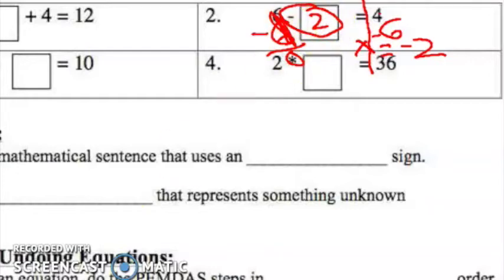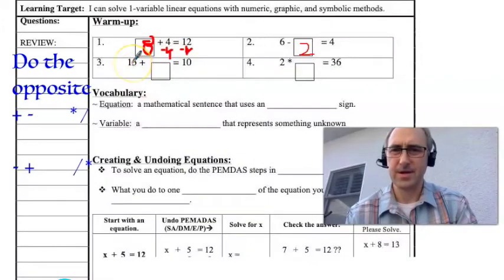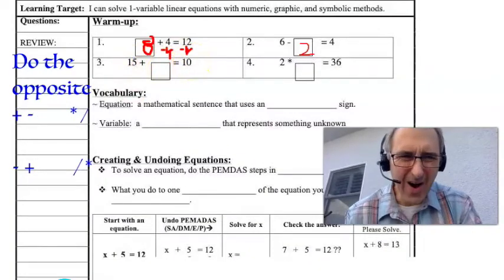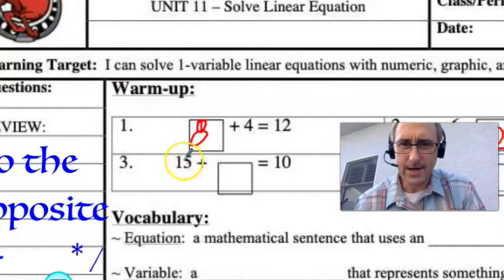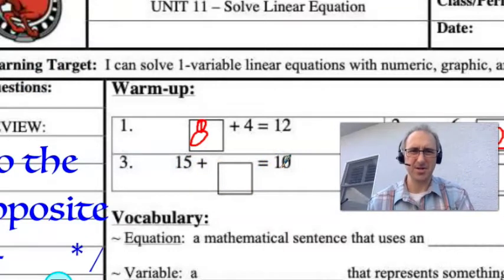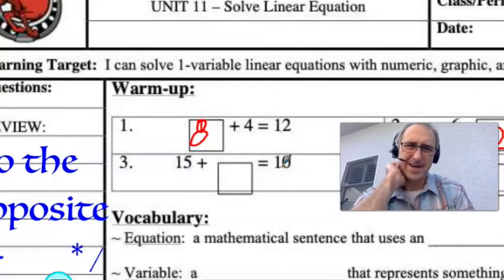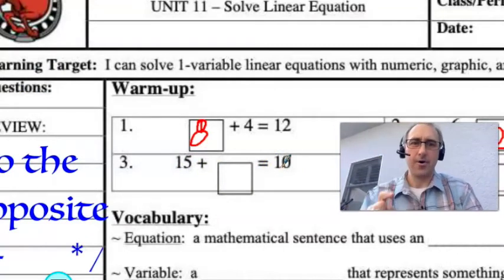Let's try another one. 15 plus some number is 10. What? How do I go from a big 15 to a smaller 10 through addition? I need to subtract. Oh, I know.